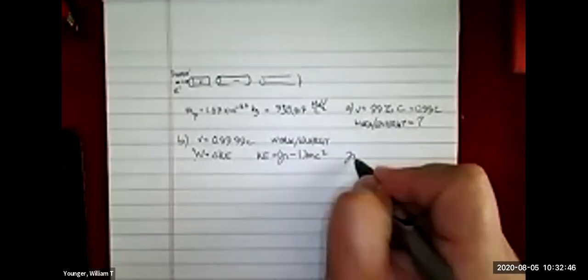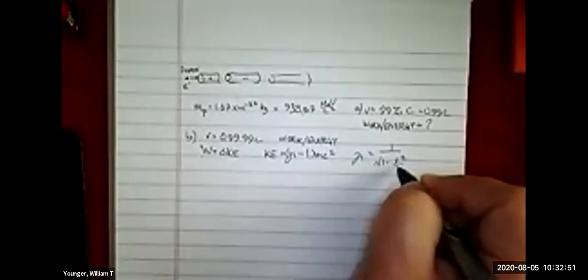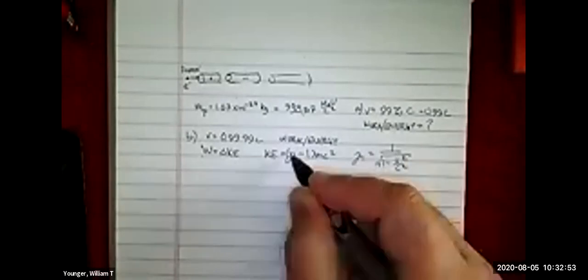Just realize that the 1 times mc squared is the rest energy, and the gamma accounts for the total energy. The relativistic factor gamma is equal to 1 over the square root of 1 minus v squared over c squared.